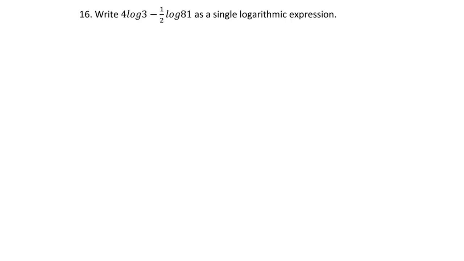Question number 16. Write 4 log 3 minus 1/2 log 81 as a single logarithmic expression. For this one, let us use the exponent law. Then we write our expression as log 3 power 4 minus log 81 power 1/2.